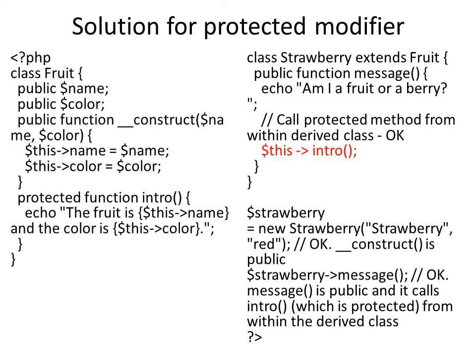So when I call the message function using the strawberry object, intro will automatically get called and the message will be displayed. This time you will not get an error and you will get a proper message: the fruit is strawberry and the color is red.